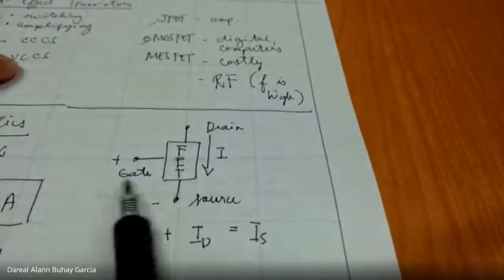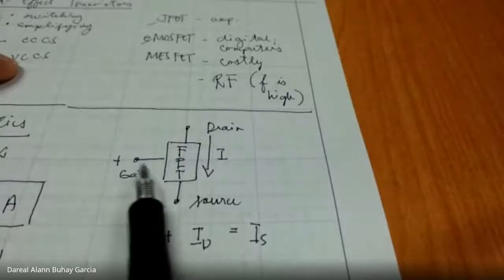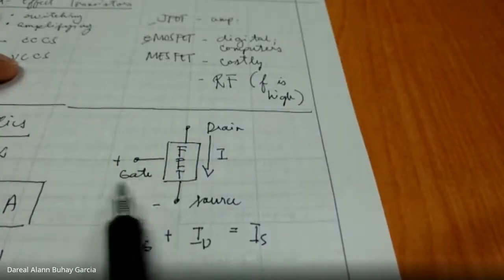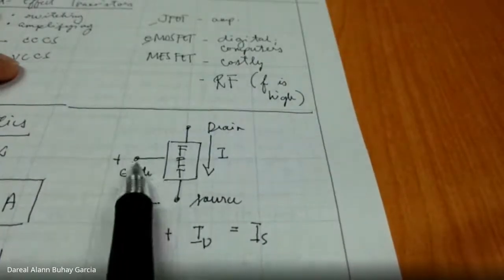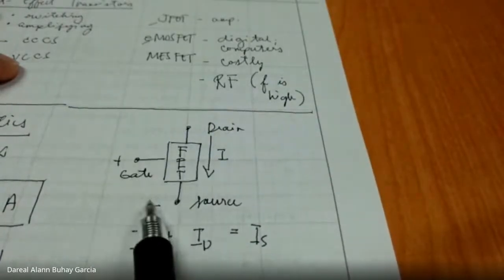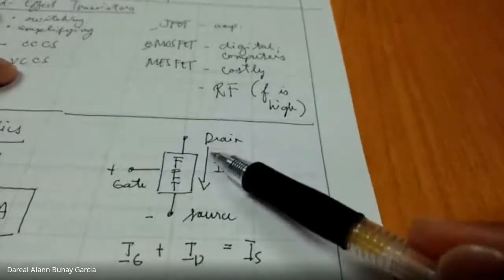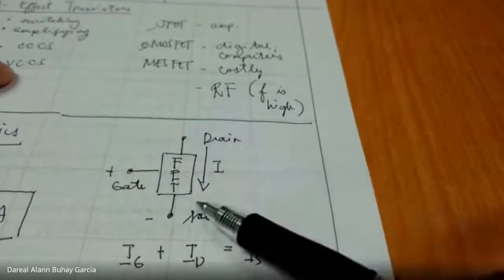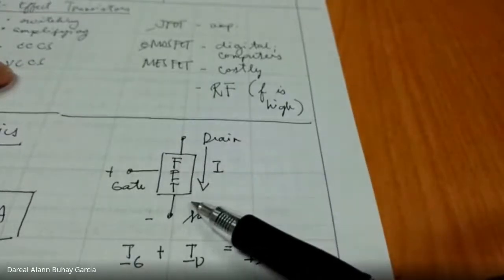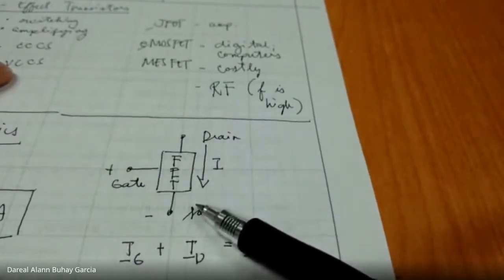The opposite is also true. If VGS is off, meaning we don't apply any voltage across the gate to source terminal, just like I said earlier, current flows from drain to source up until it reaches the saturation level, which is equal to IDSS.